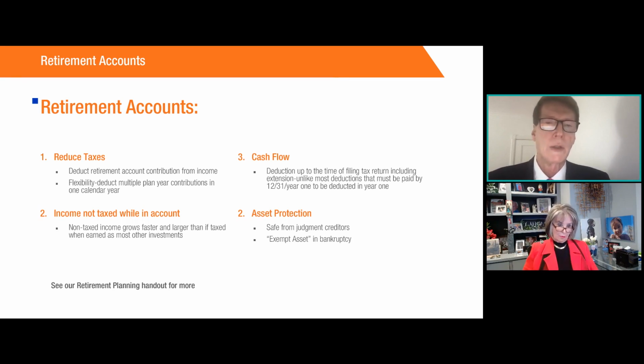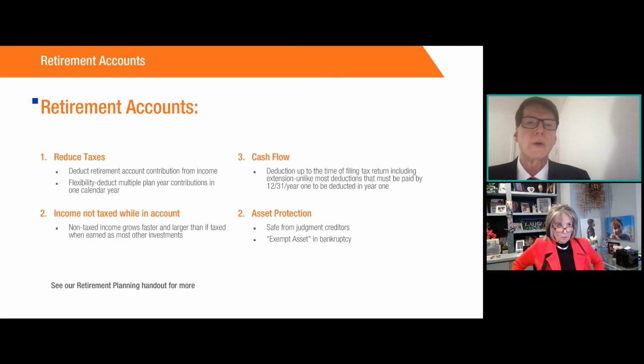With most of the pensions, you get up to the time of filing your return plus extension. So in English, what that means is for most people, you get about three-quarters of the way into year two, and then you can set up the pension, fund the pension, put the money in, and still deduct it for year one.